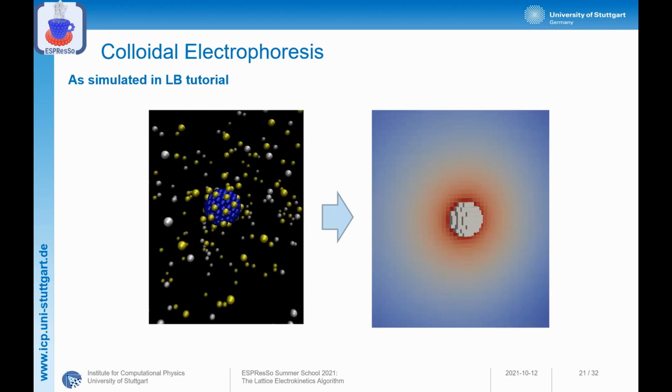As you saw in the Boltzmann tutorial today, normally you can use MD simulations to render those colloid solutions with ions, so that you can get a density profile from that if you simulate long enough, so that the ions are equilibrated in the system.